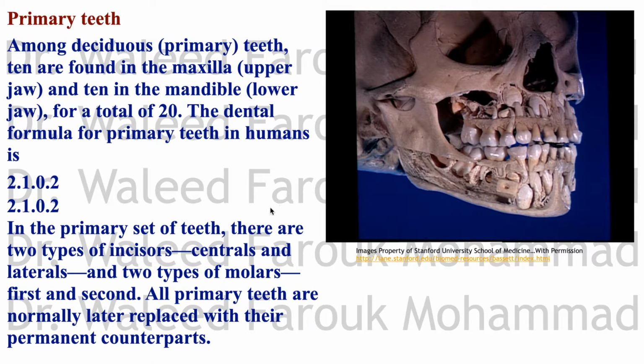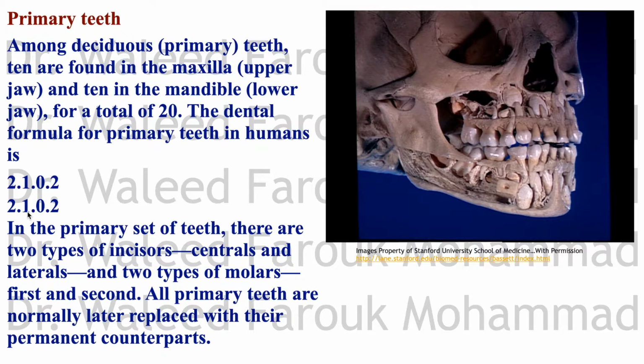Now, talking about the primary teeth, they are 20 in number and 10 in each jaw. The formula goes as follows: 2102 over 2102, meaning 2 incisors, 1 canine, no premolars and 2 molars in half the upper jaw. So that's 5 times 2 for the whole jaw, and 10 times 2 for both jaws.